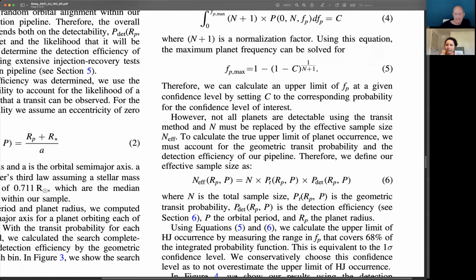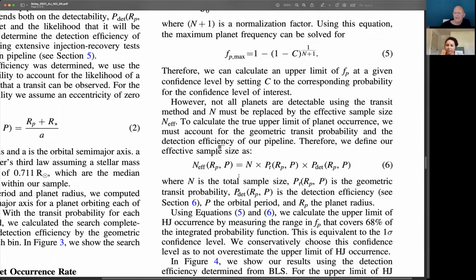Equation 6 is the effective sample size, because if you look at the completeness map, we don't have 11,000 stars that we can say are in each bin. That's not what we're able to look at, because only 24% at best are going to be oriented in a way that we would be able to observe them.